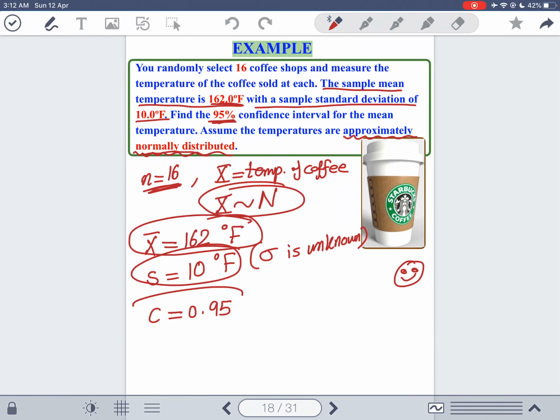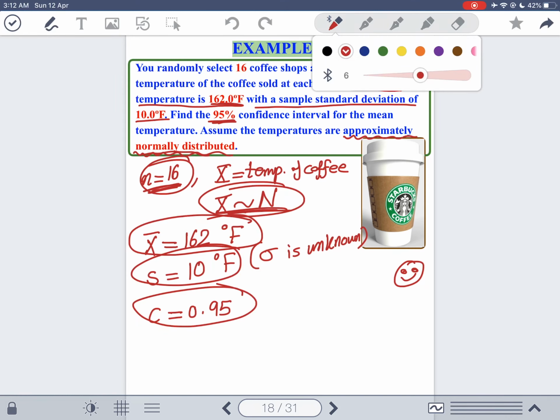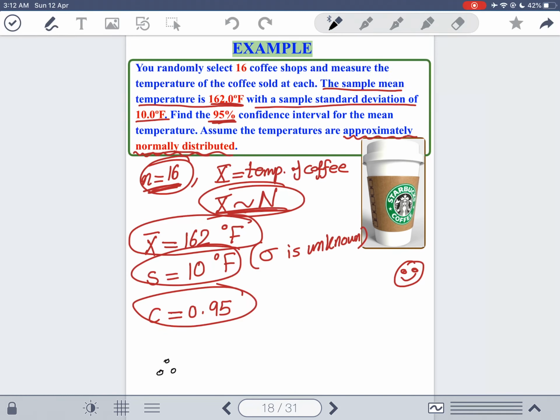I have all of the things that are required, and of course, being normal is required. So our mu, the population mean, is the mean temperature, and that's what we want to estimate. The population mean temperature is between the lower confidence limit and the upper confidence limit.